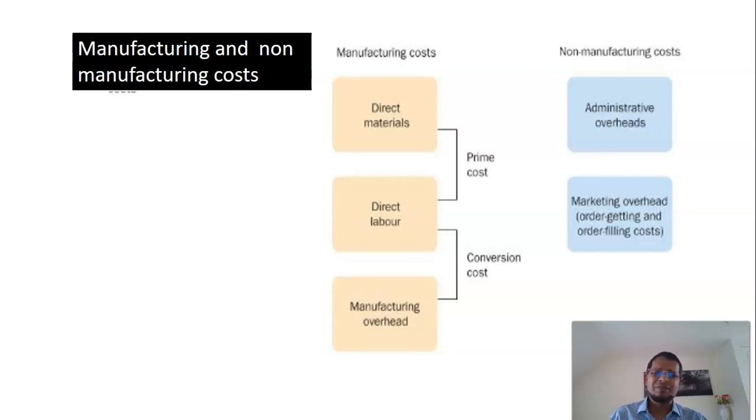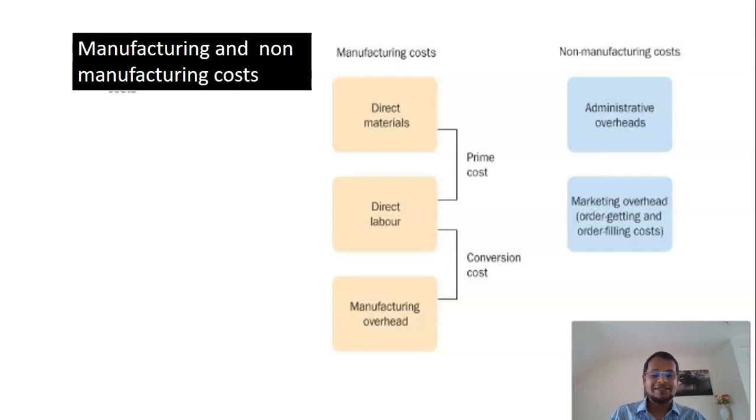So direct expenditure basically directly increases if we produce more, and if we produce less, we actually need less direct expenditure. So it increases and decreases relating to the volume of activity, volume of product.